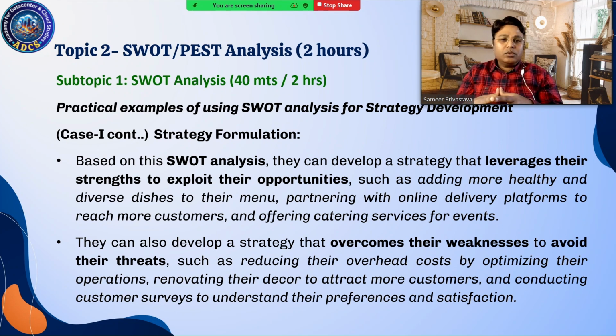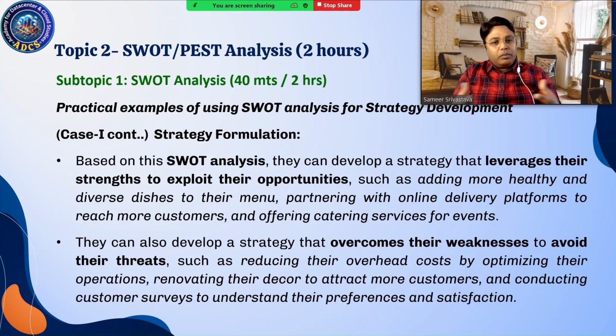Based on the SWOT analysis, they can develop a strategy that leverages their strengths to exploit their opportunities, such as adding more healthy and diverse dishes to their menu, partnering with online delivery platforms to reach more customers, and offering catering services for events.